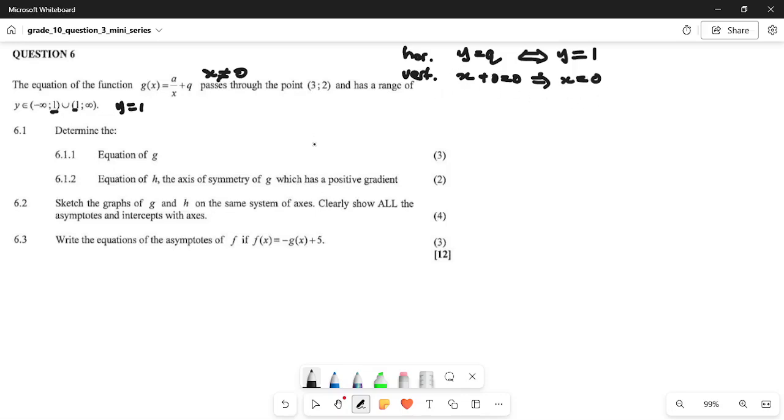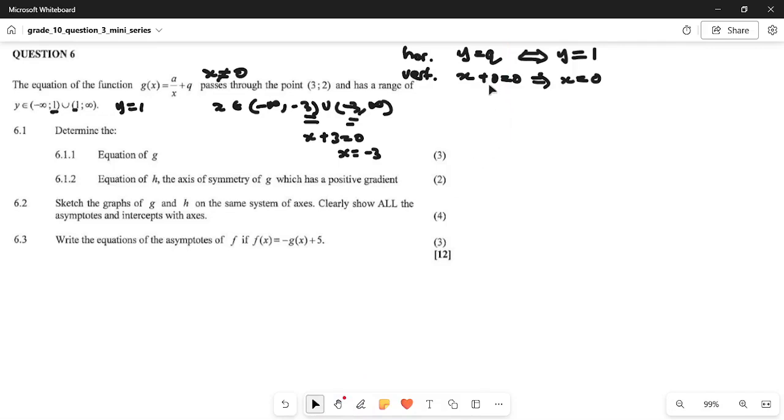But in the event that you are told that x is an element of negative infinity up until, let's say, negative 3, and then union of negative 3 up until positive infinity, that should tell you that your vertical asymptote is that x value. So you will have something like x plus 3 equals 0, which tells you that whenever x is equal to negative 3, the function is not defined. However, in this case we don't have that, so I just went straight to x plus 0.